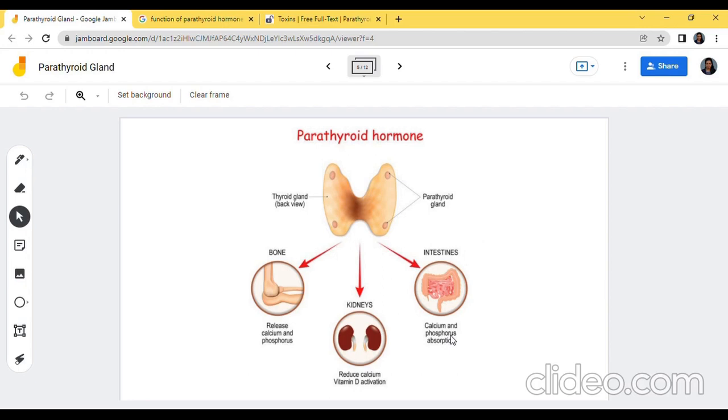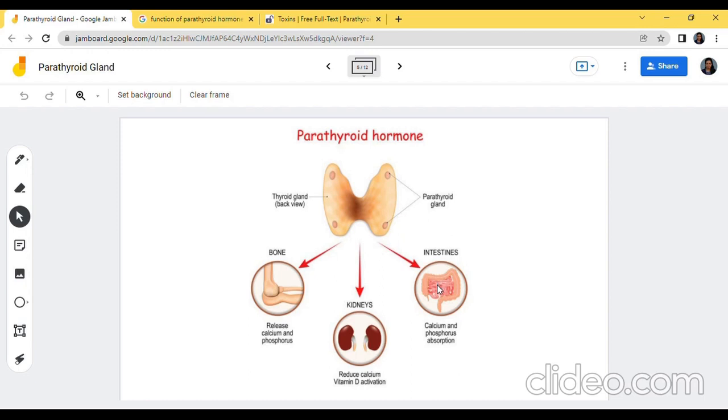So we can conclude that this gland will increase the reabsorption and mobilization of calcium and phosphate in our body, and it will increase the plasma calcium level by decreasing the excretion of calcium in the kidney, and it enhances the tubular reabsorption of calcium and magnesium in the kidney, and it decreases the plasma phosphate by increasing the phosphate excretion in urine, and also it increases the calcium and phosphate absorption from the intestine.